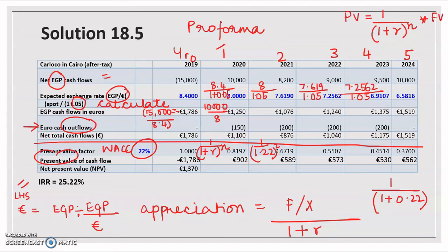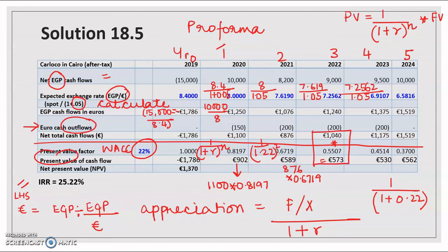So I'm going to be multiplying your future cash flows times 0.8197. 876 times 0.6719. 1040 times 0.5507 should give you this value.